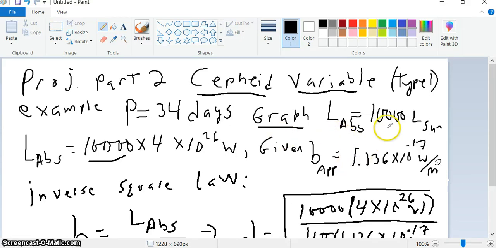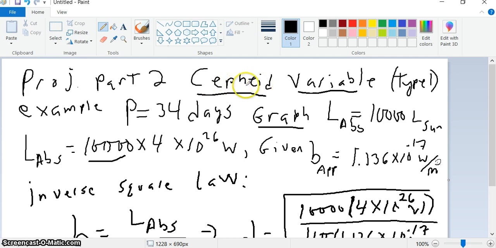All right, so you're given the apparent magnitude, and often the apparent magnitude is given the symbol lowercase b. The apparent magnitude is something you would measure in your telescope. In your telescope you would measure the period, right?